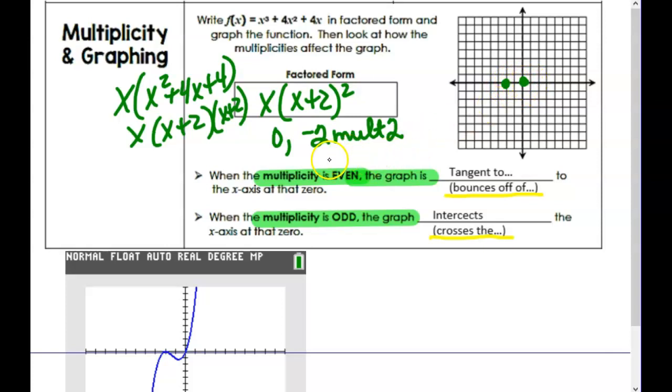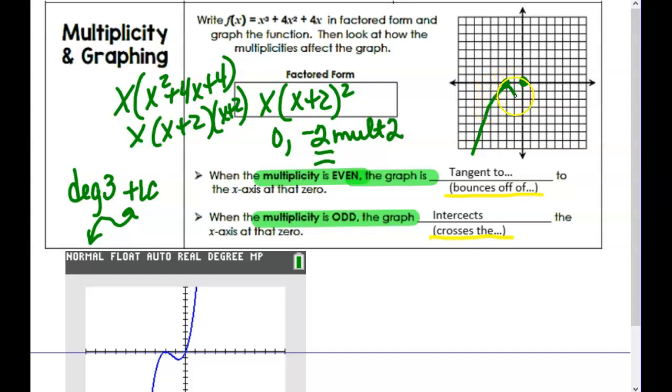It is a degree 3 that we started with a positive leading coefficient. So the shape should be like this. So which one is it going to bounce off of? At negative 2, it's going to come from down here, and because of the multiplicity 2, it's going to do a little baby parabola shape, where it's going to touch and turn around.